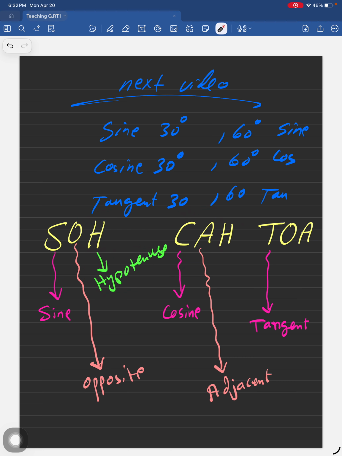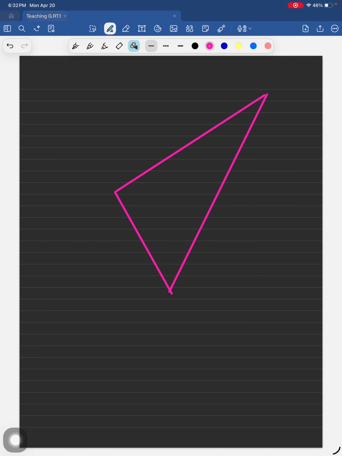Okay, to use this very efficiently, we can start with this triangle. Suppose this angle here is 90 degrees, this angle is 30 degrees, and this angle here is 60 degrees.